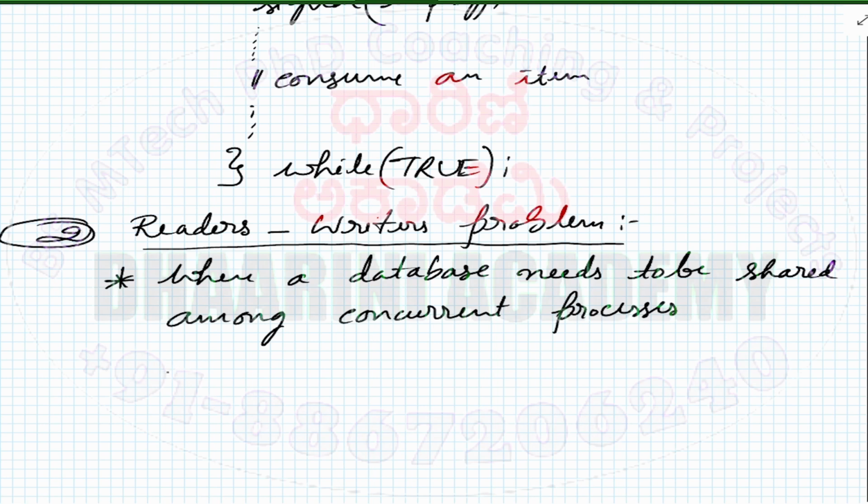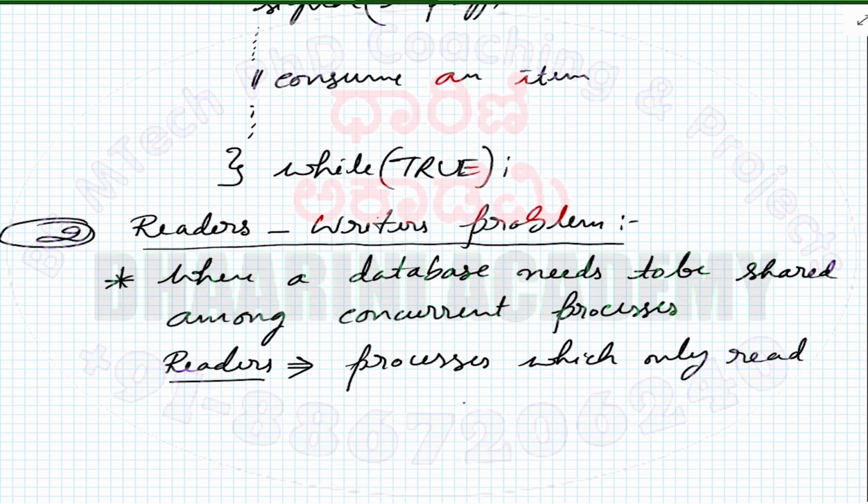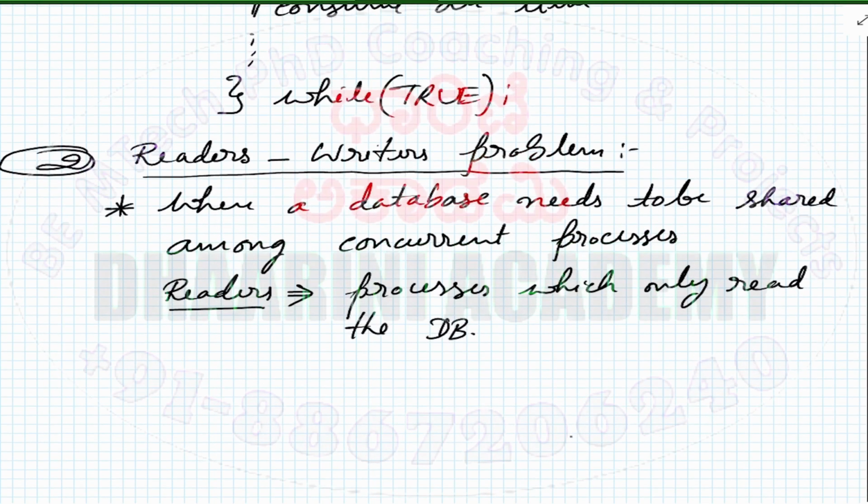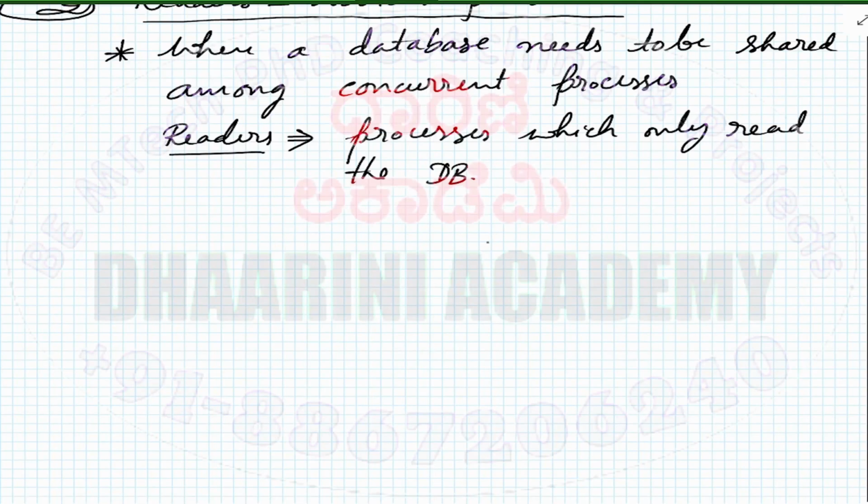The first one is called a reader process, right? Processes which only read the database. Whoever just reads but does not perform any write operation is called a reader, right?